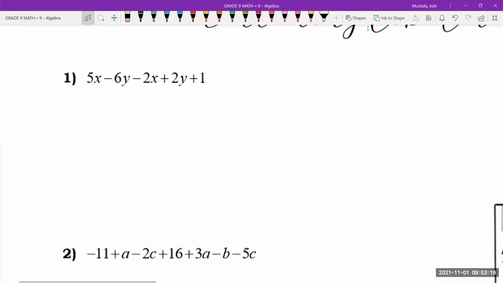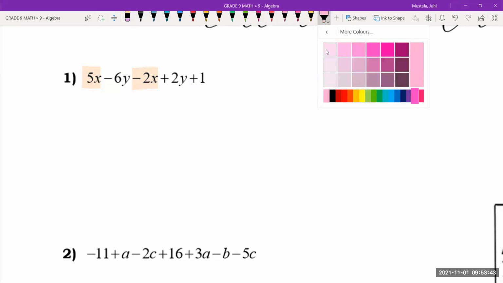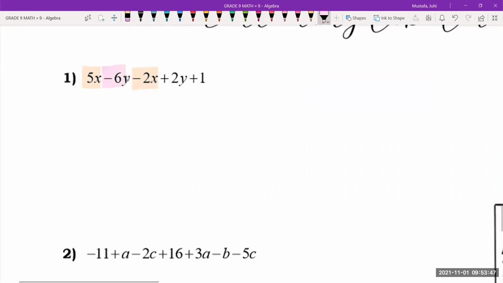So what are like terms? I'm going to highlight some of them. If I have a 5x here, what looks like a 5x? Negative 2x, good. So 5x and negative 2x are like terms because they both have the same letter and the same exponent. Okay, great. Let's try another one. What looks like negative 6y?